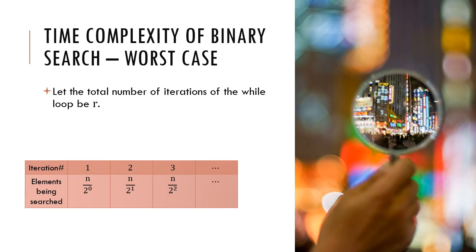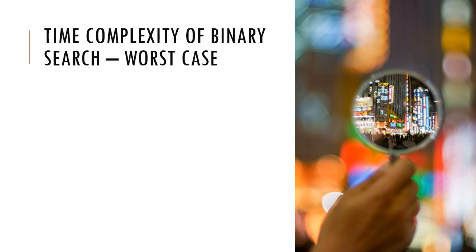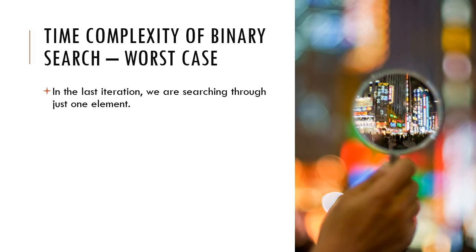In the last iteration, which is the rth iteration, we are searching through n divided by 2 raised to the power r minus 1. But in the last iteration, we are searching through just one element. So this means that n upon 2 to the power r minus 1 is 1, which gives us this equation.